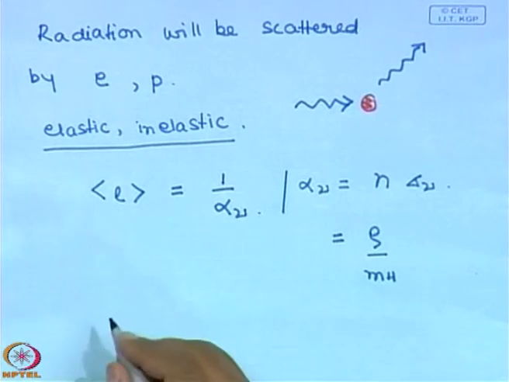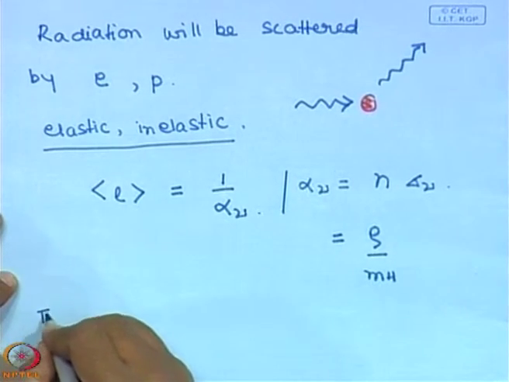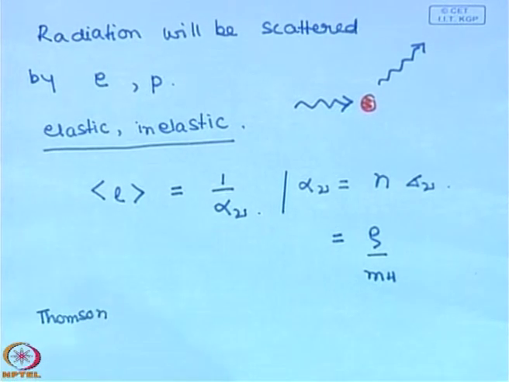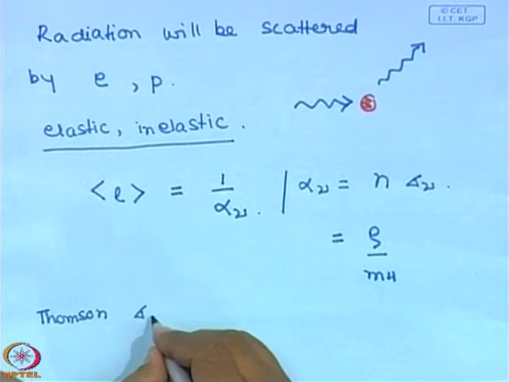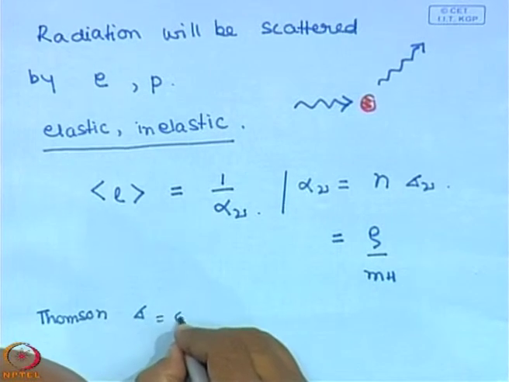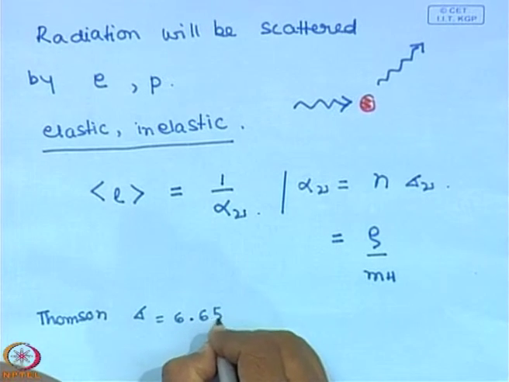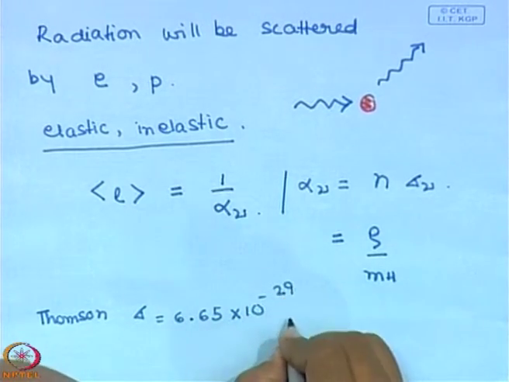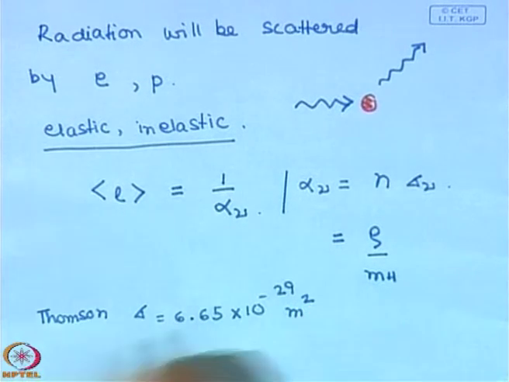It has a value sigma which is independent of frequency, and the value is 6.65 times 10 to the power minus 29 meter square. We have already discussed this earlier. Okay, this is Thomson scattering.